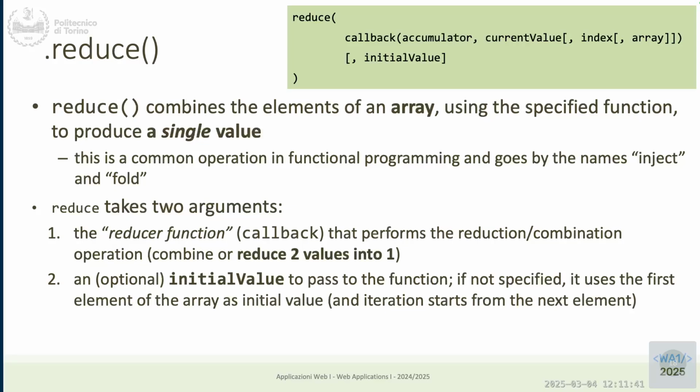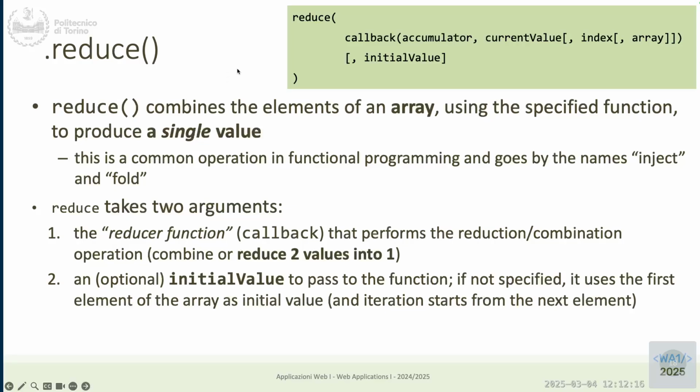Every makes AND operations, some makes OR operations between the operands. Okay? Reduce is the generalization of this concept. We want to compute one single value out of a whole array, for example, the sum of the elements. And this value will be computed by taking a single value from each element and then combining them in some way, for example, by adding them.